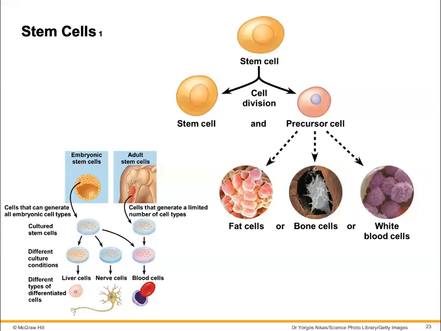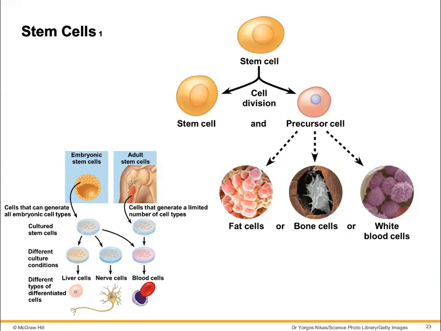So once the embryo starts to differentiate a little bit more, the cells have a more targeted end product. Adult stem cells are undifferentiated cells that you can find in mature organs. Typically, you can find these in our bone marrow, where blood is developing.